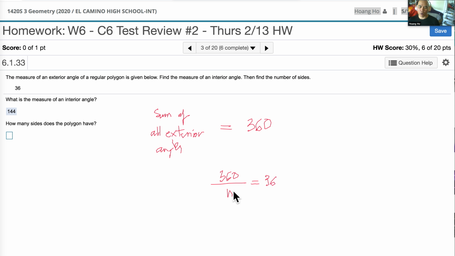So you solve this equation: n has to equal 10, because 360 divided by 10 equals 36. To solve it, I cross multiply n to the right side and 360 on the left side, then divide by 36, so n comes out exactly 10. Here we go.